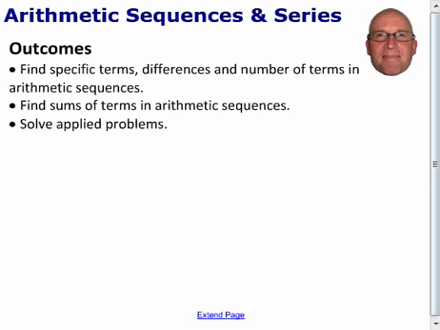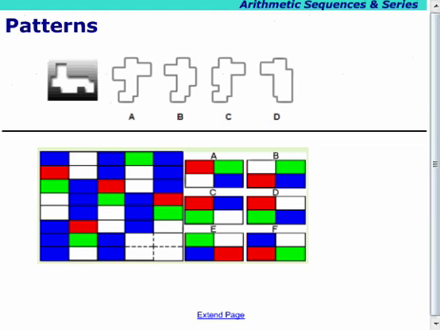To begin with, what is an arithmetic sequence, or what kind of concept are we looking at? So to start, I want you to look for a pattern in these two different questions. The first one, you have to try and find which of these, A, B, C, or D, is the same as this one. You might have to rotate or do something with it.